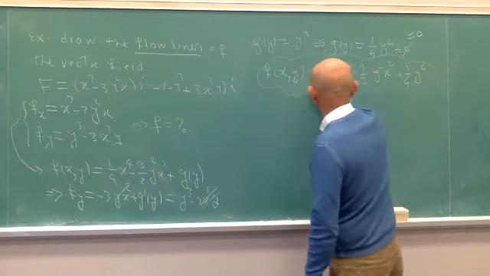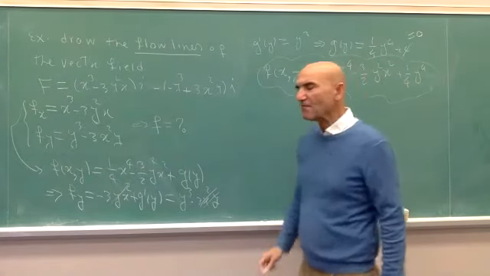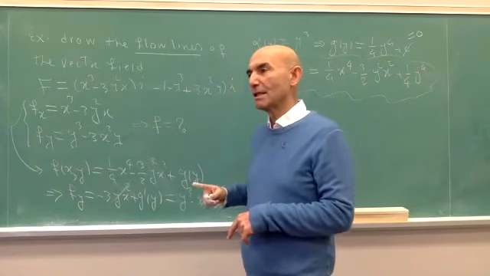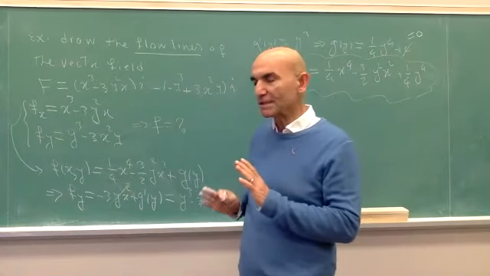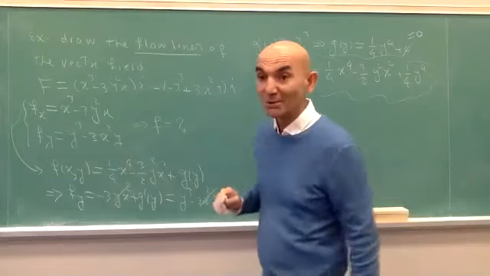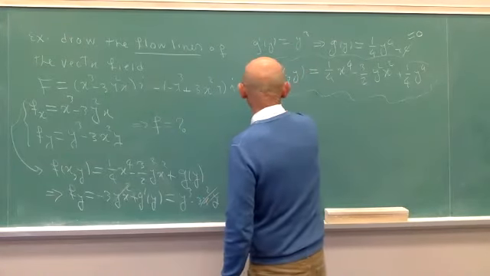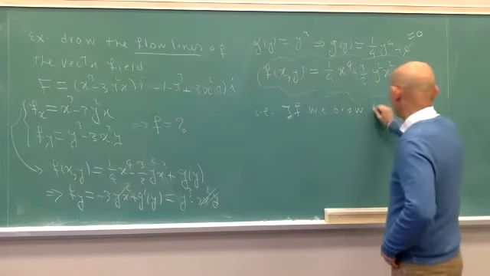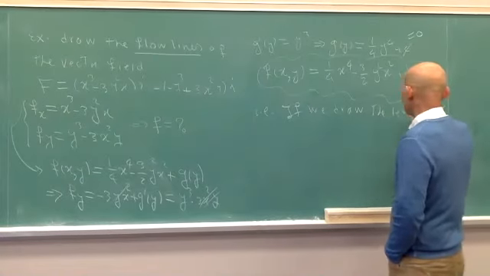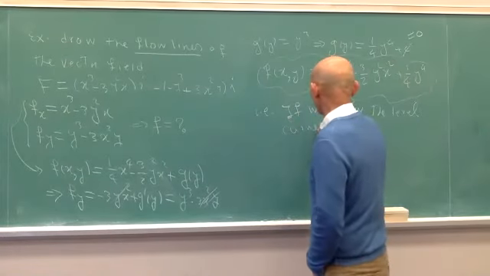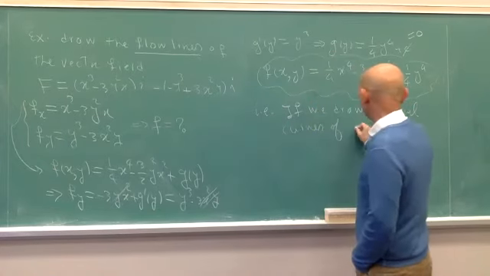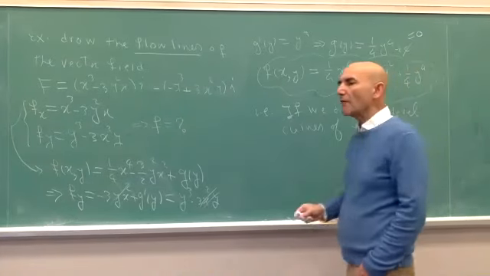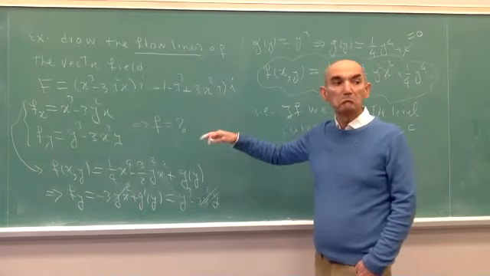So we haven't found flow lines, but we have found level curves such that this vector field is orthogonal to them. If we draw the level curves of f of x y equal to some constant c, then we have a pretty good idea of the form of this vector field.